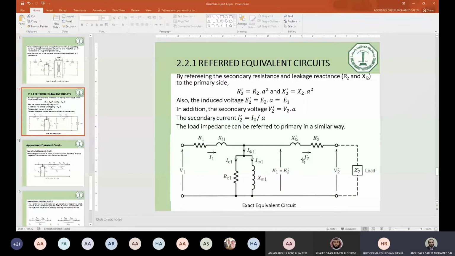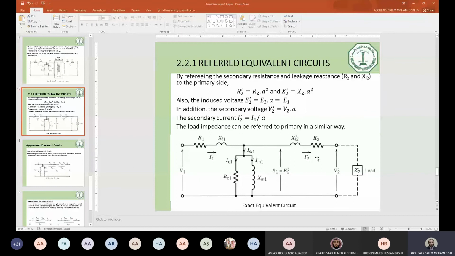So you can get the equivalent impedance of the whole circuit. Yes, and after that, get the value of I1 and then use the current divider rule to get the value of I2 prime. Exactly. This is one way.